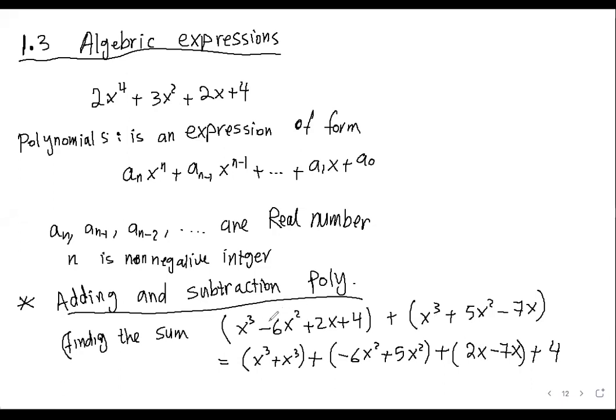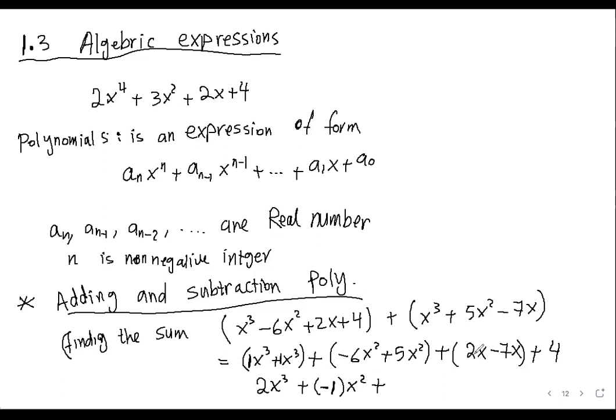So all the terms that have the same exponent, I put together. Now x to the power 3 plus x to the power 3: I have 1 plus 1, which means 2x to the power 3. Then minus 6 plus 5 means minus 1x squared.